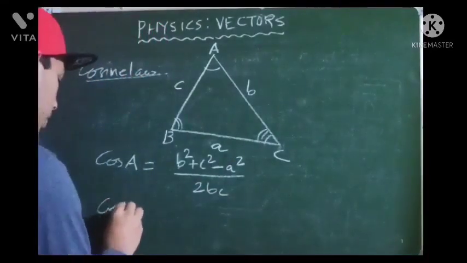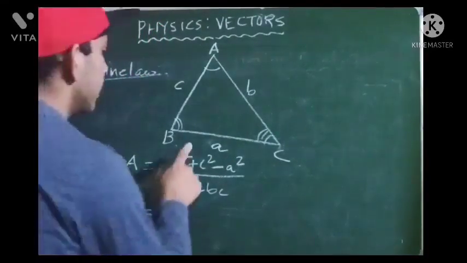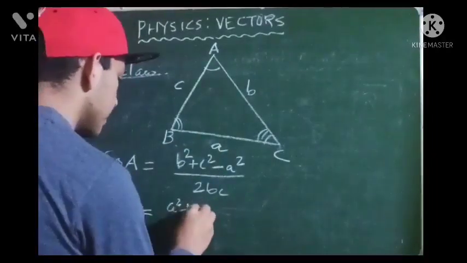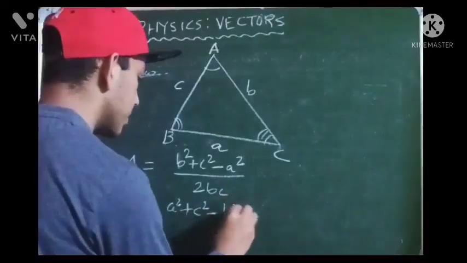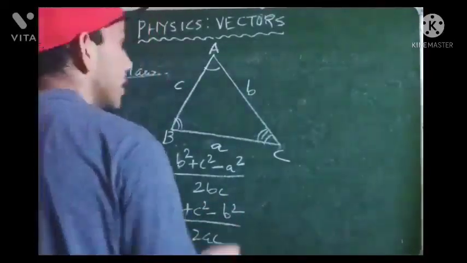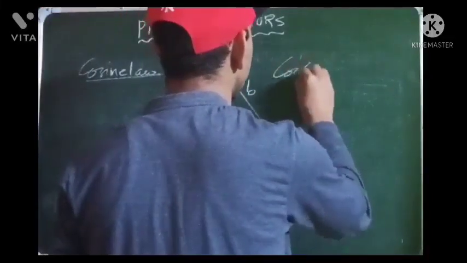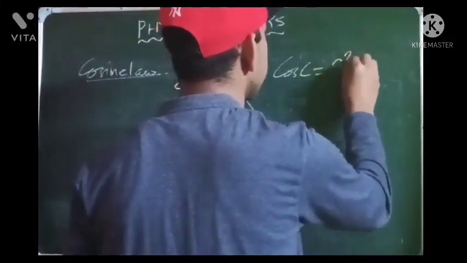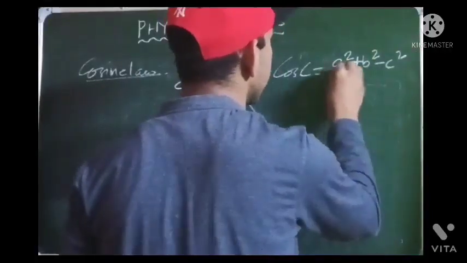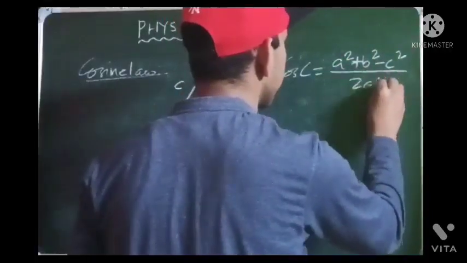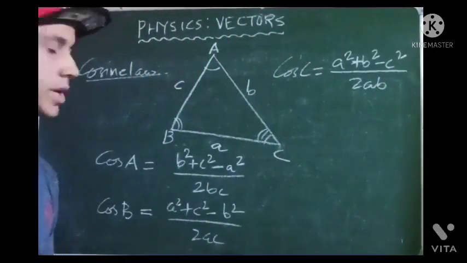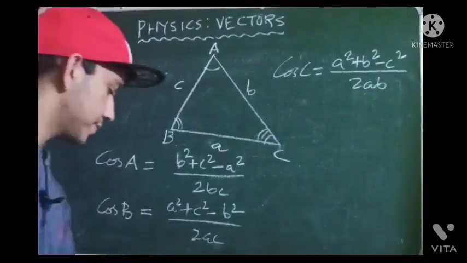Similarly, we can write cos of B as a square plus c square minus b square by 2ac, and the third one is cos of C is equal to a square plus b square minus c square by 2ab. This is the cosine law. It is important to note this formula.